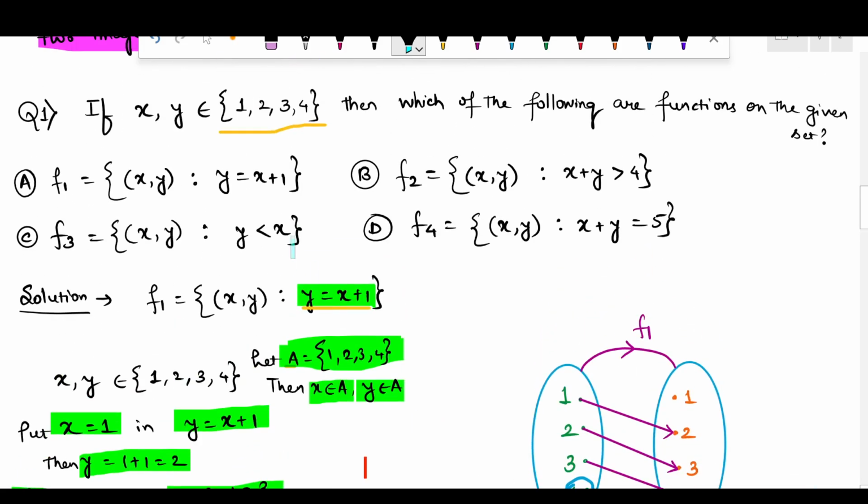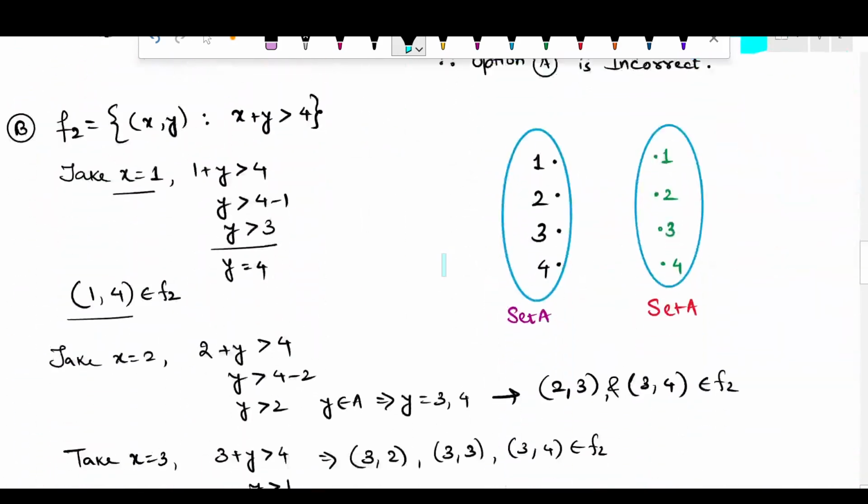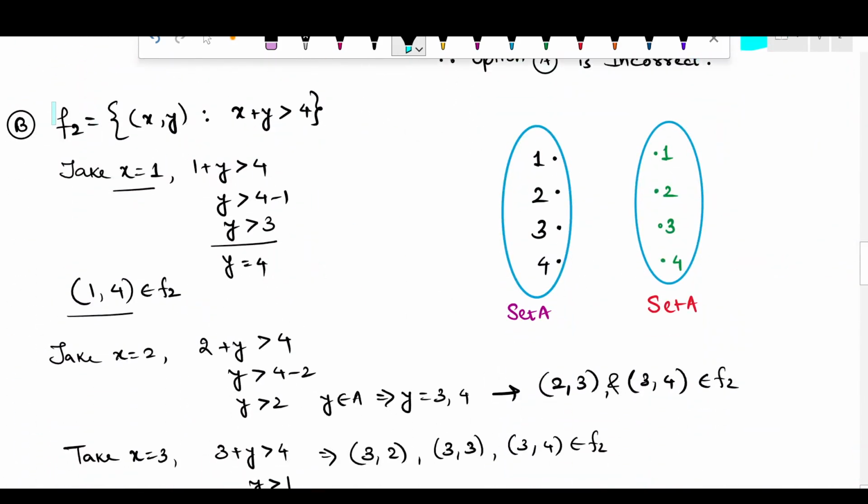Therefore option A was this, f1 equals this. This is not a function, right? Similarly you may check for f2. f2 must satisfy x plus y greater than 4.